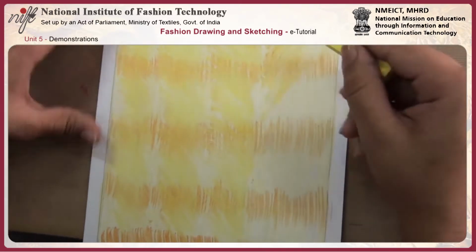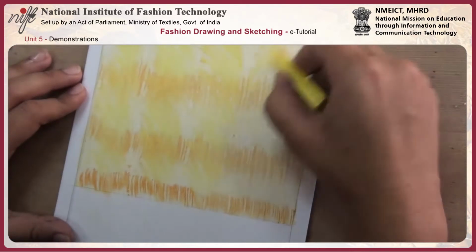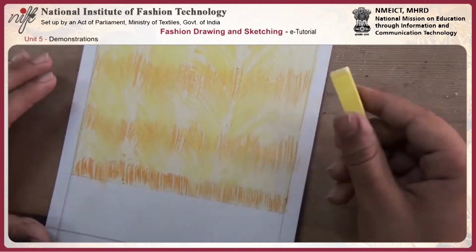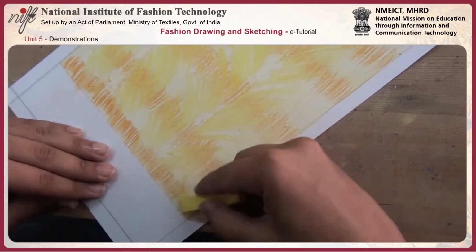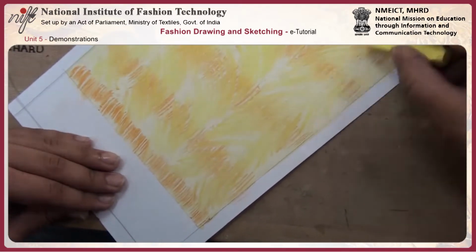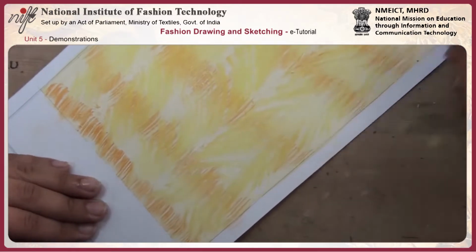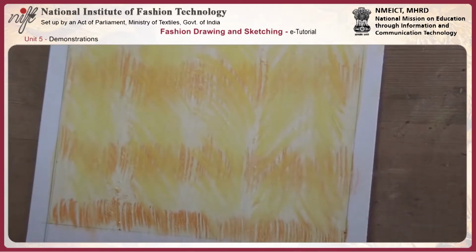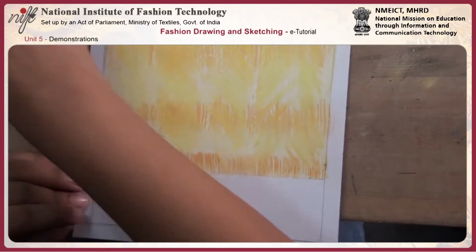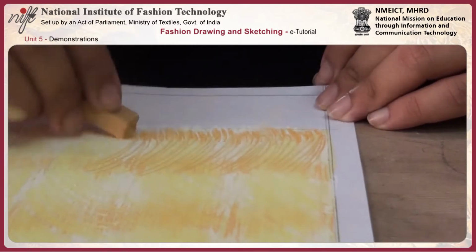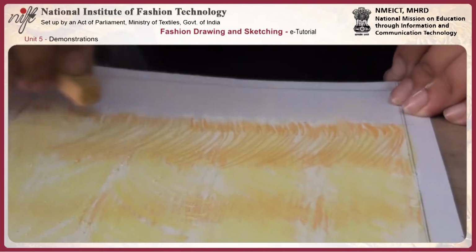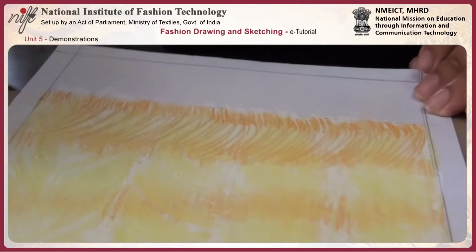Here, observe carefully how the illustrator is using soft dry pastels. Already a ground yellow is applied, on top of which the illustrator has applied a darker shade of yellow which combines with the background yellow and gives a very natural look resembling the pile fabric kept for reference.